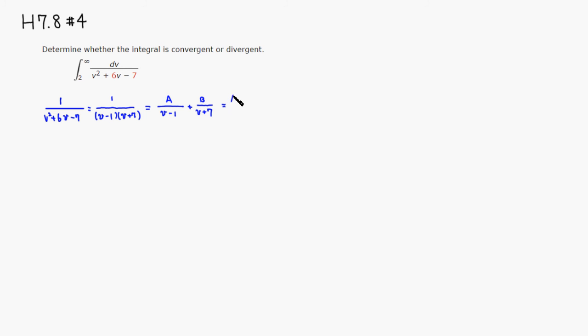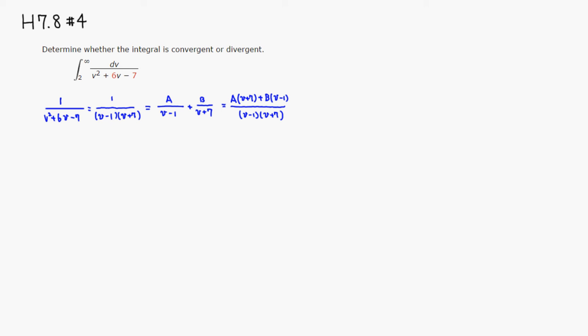We have A times v plus 7 plus B times v minus 1, and the denominator is just v minus 1 times v plus 7.